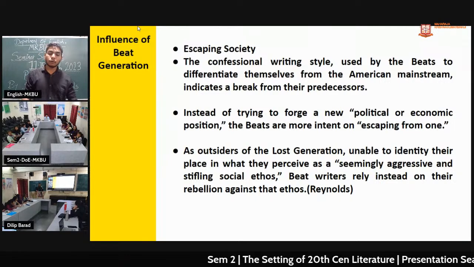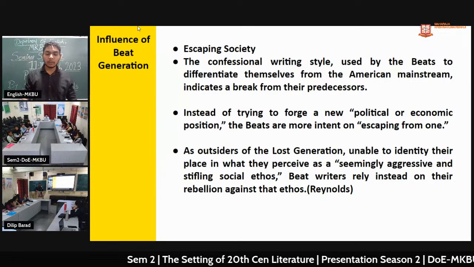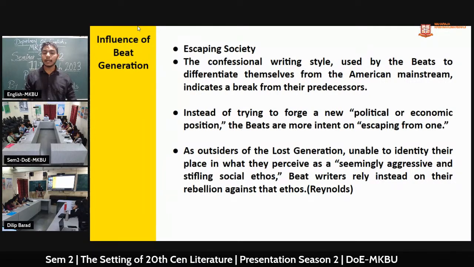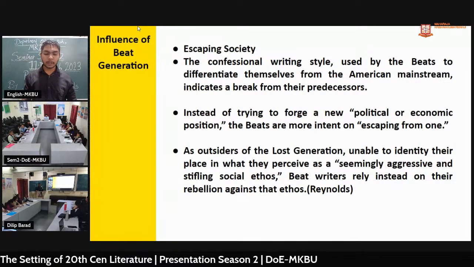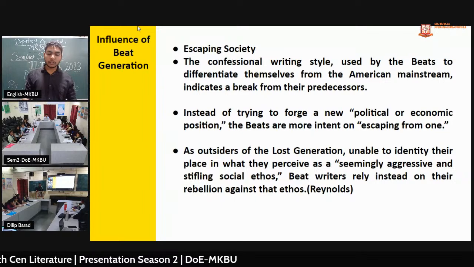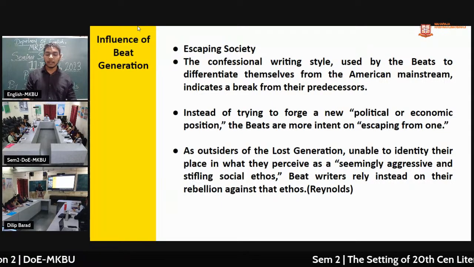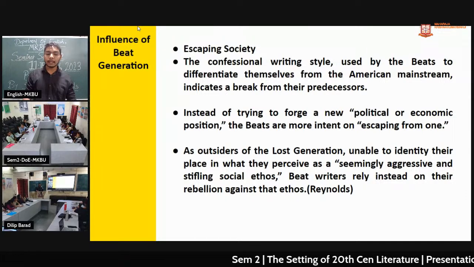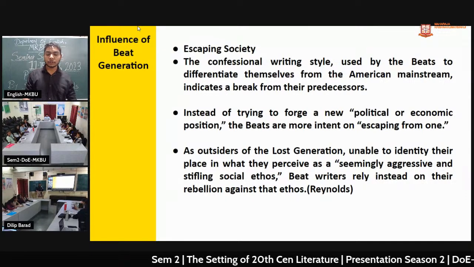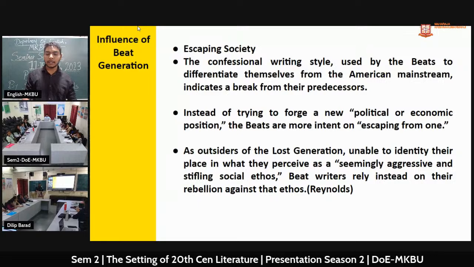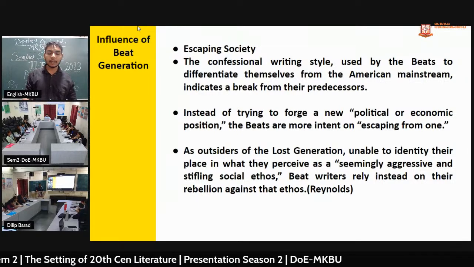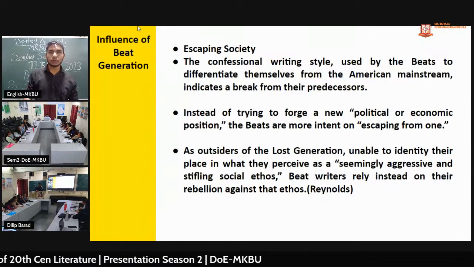Instead of trying to forge a new political or economic position, the Beats are more intent on escaping from one. As the outsiders of the lost generation, unable to identify their place in what they perceive as a seemingly aggressive and stifling social ethos, Beat writers rely instead on their rebellion against that ethos.